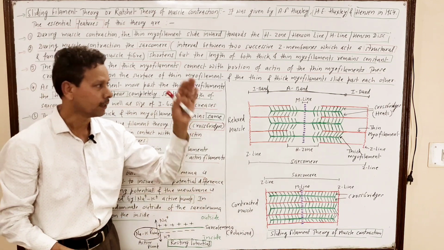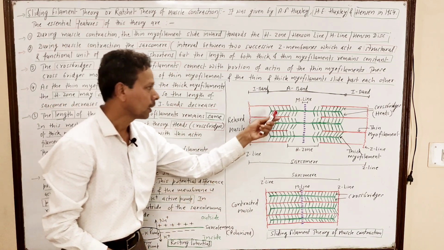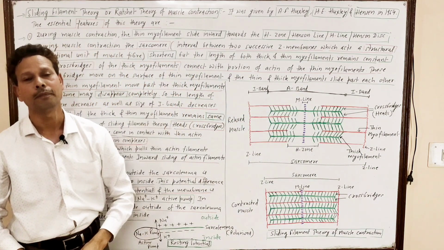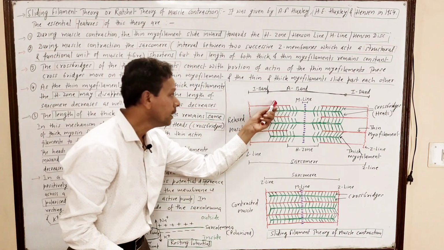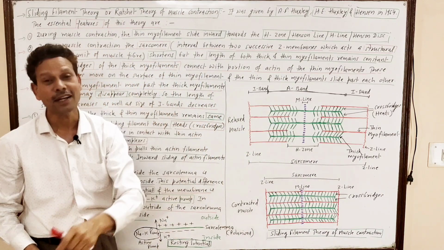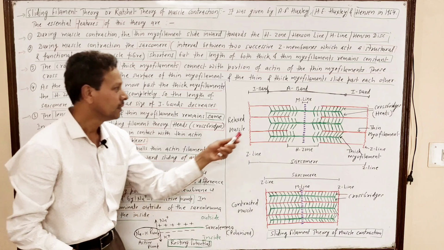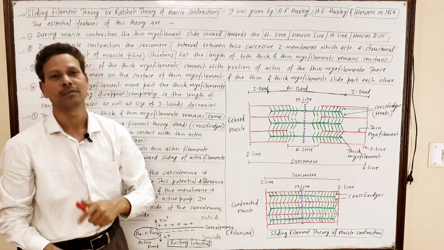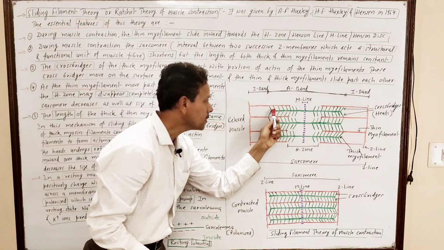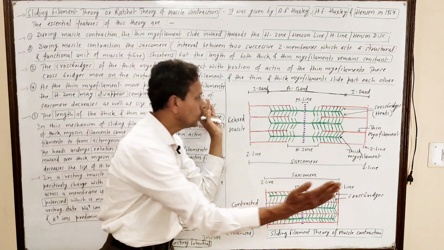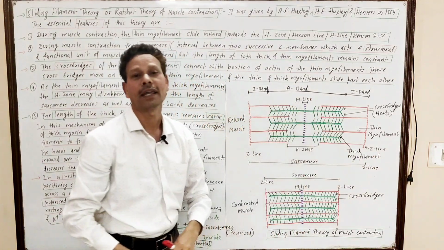In this entire process, the cross bridges, the heads of the thick myosin myofilaments, interact with the thin actin myofilaments. These cross bridges undergo rotation. As a result, they pull the actin myofilaments towards the H line.